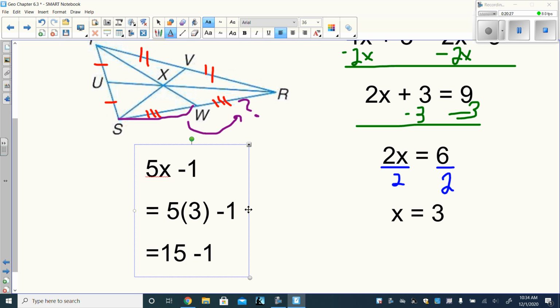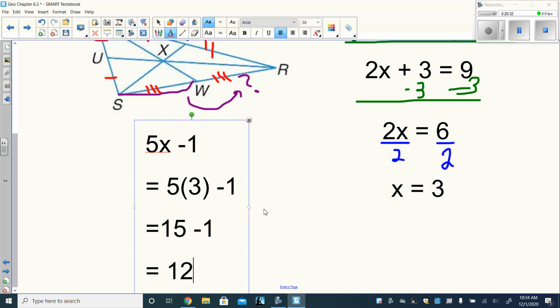And 15 minus 1 gives us not 12, but 14. So the length of WR would be 14 because I solved for the value of x. I plugged it back in for SW and got my length. And that's it. That's all we have to do for this here.